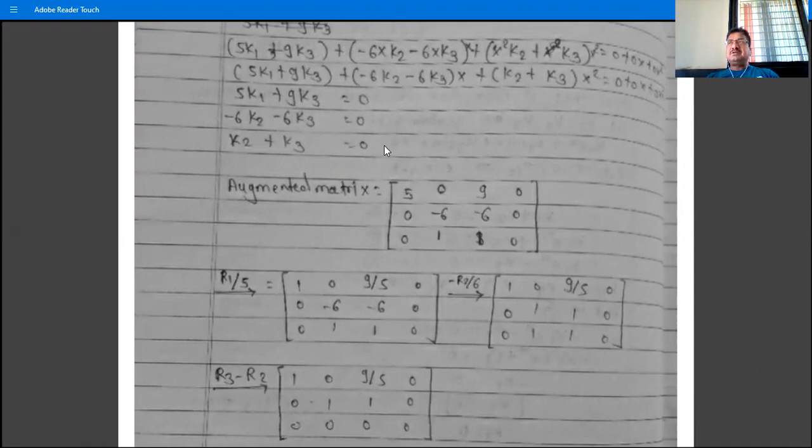The homogeneous system has non-zero solutions, meaning the values of the constants or unknowns K1, K2, K3 are not all 0. But if the rank of A is equal to the rank of AB, which is equal to the number of unknowns, in that case the homogeneous system has only the zero solution. That is, the values of all the unknowns K1, K2, K3, K4 are equal to 0.